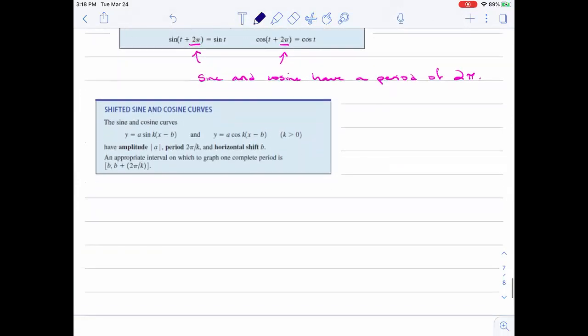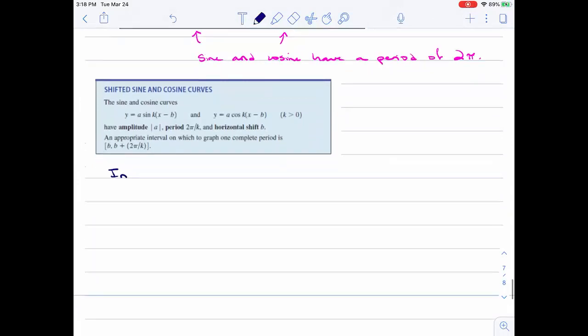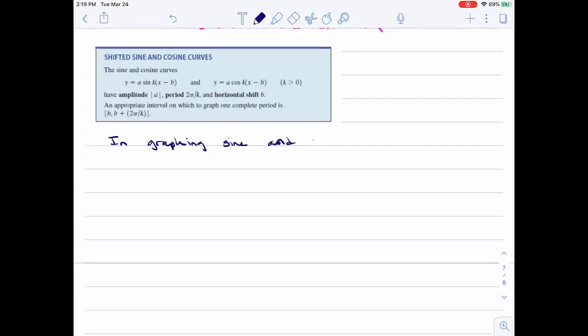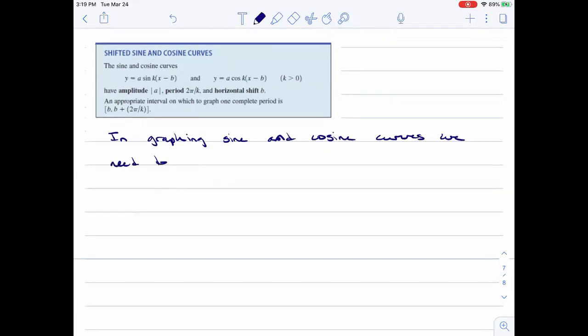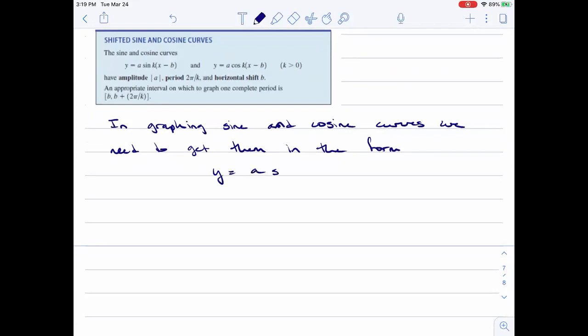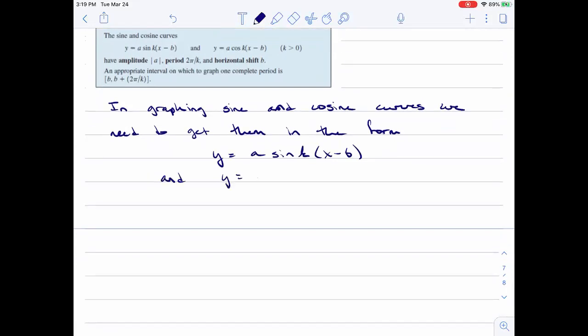The key in graphing sine and cosine curves is that we need to get them in the form y equals A sine(kx minus B), and y equals A cos(kx minus B), as long as k is greater than 0.